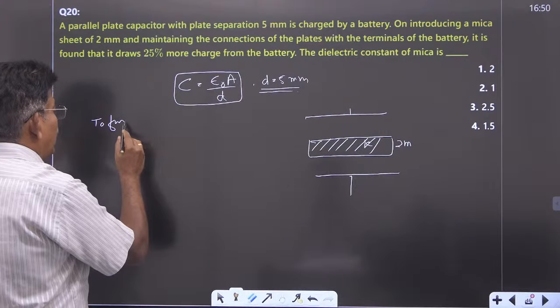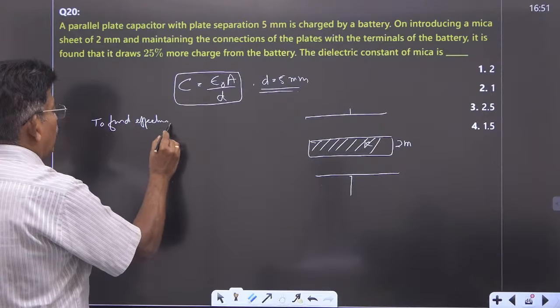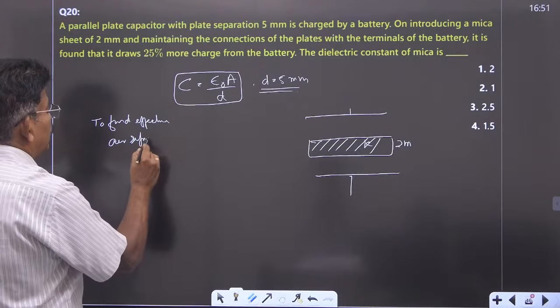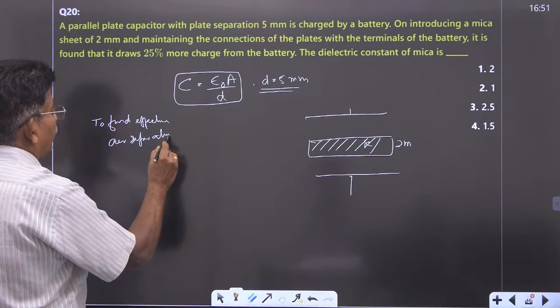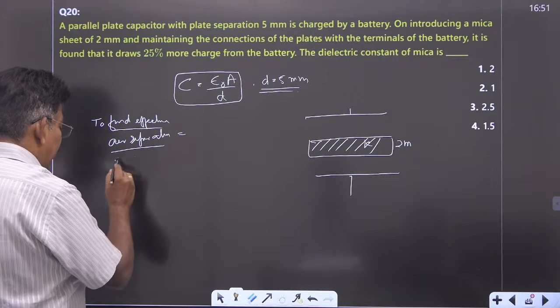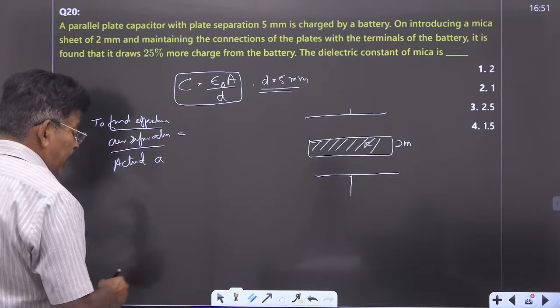Now to find the effective air separation, look how I'm calculating. Actual air, everybody. Actual air, how much?